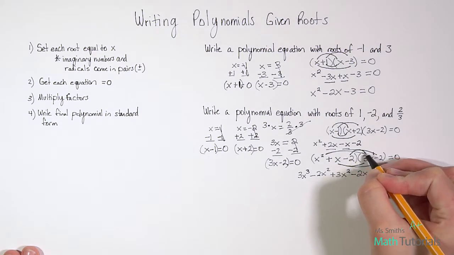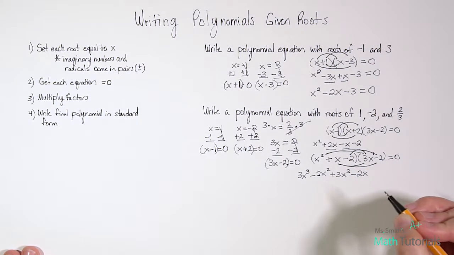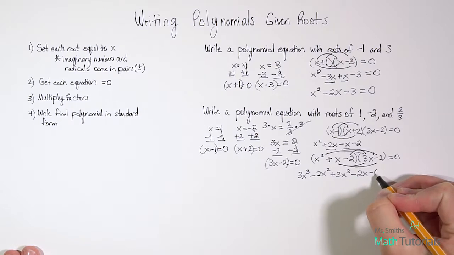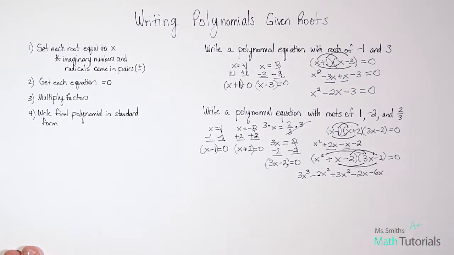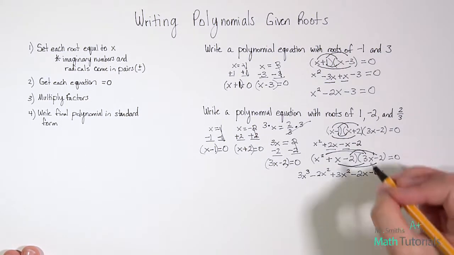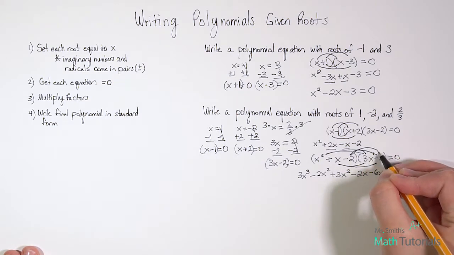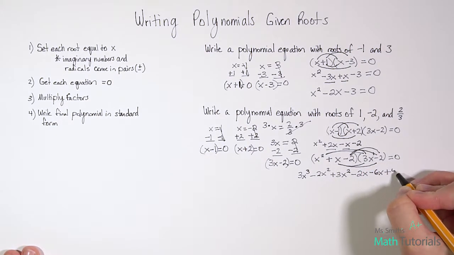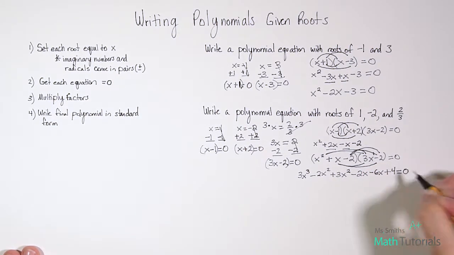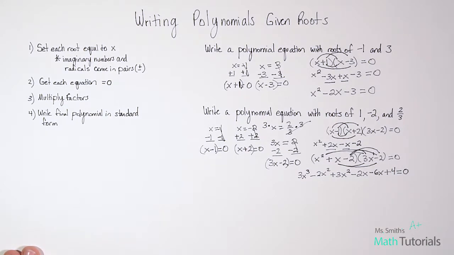We've got negative 2 times 3x, which would be negative 6x. And then we've got a negative 2 times a negative 2, which is a positive 4, equals 0. Now we want to make sure that we combine all of our like terms, and we also want to make sure we write our answer in standard form.